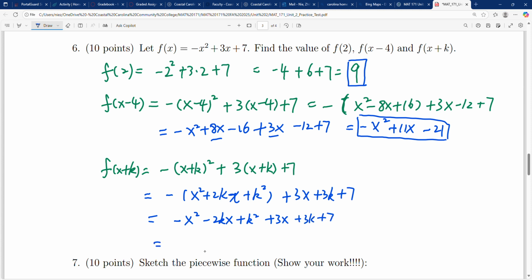So you only have one negative x squared, and those two you can combine together, let's say plus, I use plus. So inside negative 2k plus 3x, combine like terms, right? Then minus k squared plus 3k plus 7. So this is the final answer.